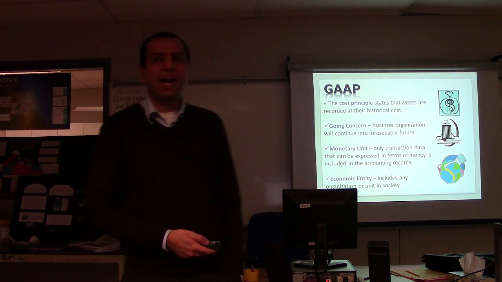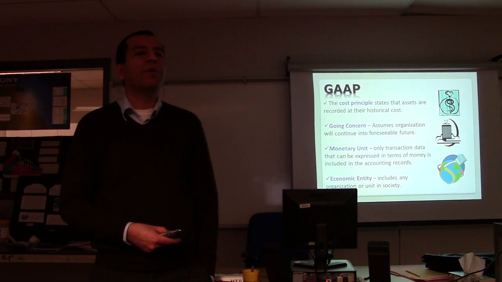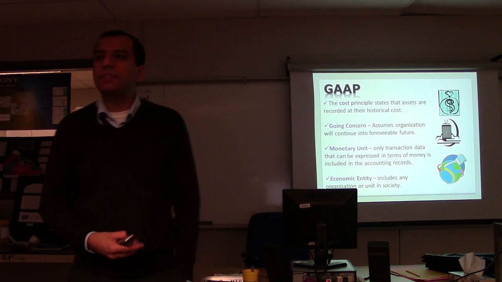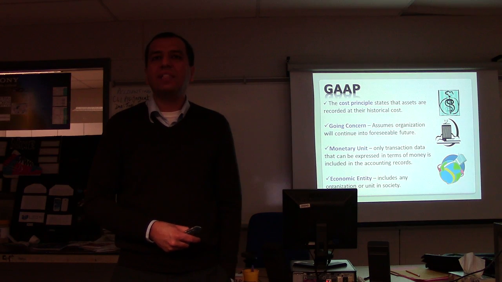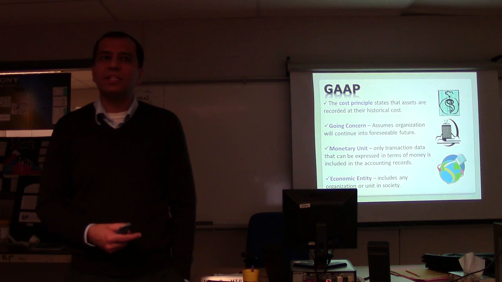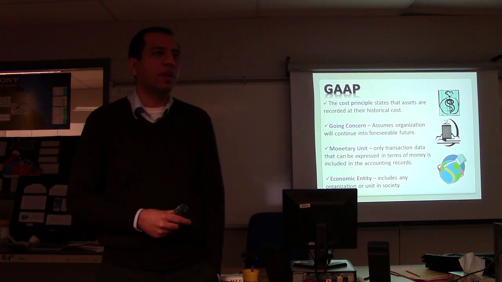So some of the GAAP, the generally accepted accounting principles, I know we'll go over these things again and again, but some of the basic ones are the cost principle. It states that you must record all your assets and liabilities and equities using the historical cost.